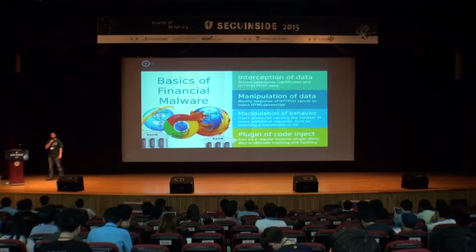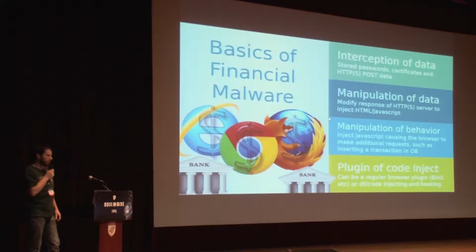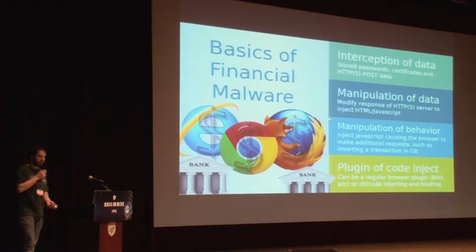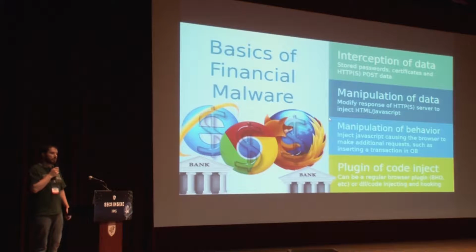Just a quick introduction to financial malware or banking malware. One of the main purposes is to intercept information and manipulate information. One of the most basic properties that most malware of this type has is that it can recover stored passwords. It typically is able to unlock encrypted databases with stored passwords of browsers and of many applications on a system. It can also steal stored certificates, especially those in software-based certificate stores.